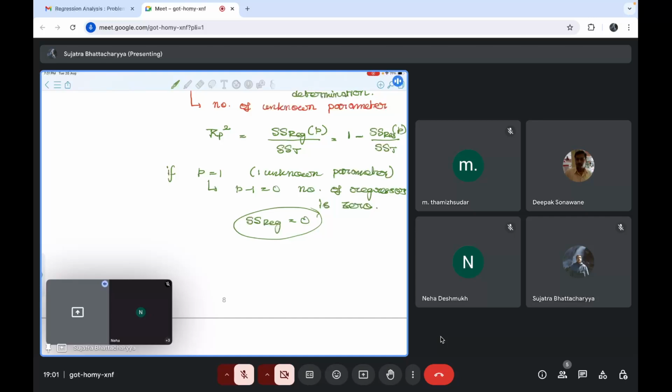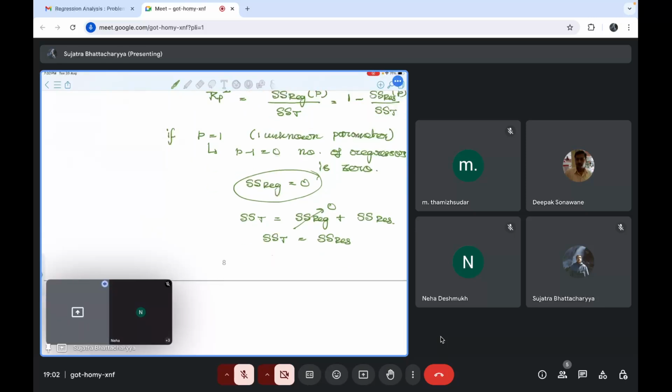According to the equation, SST is SS regression plus SS residual. If SS regression is 0, therefore SST is equal to SS residual. Remember, only for P is equal to 1.